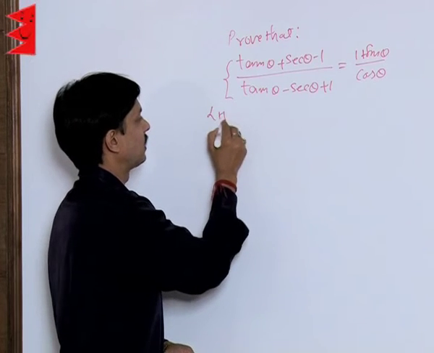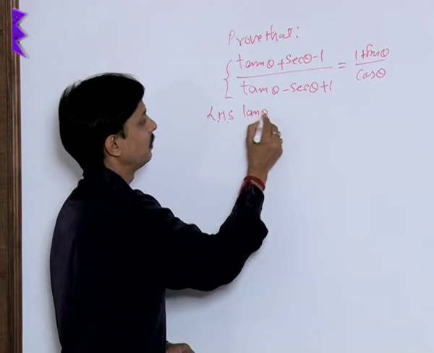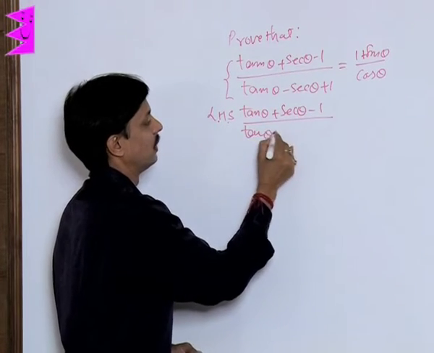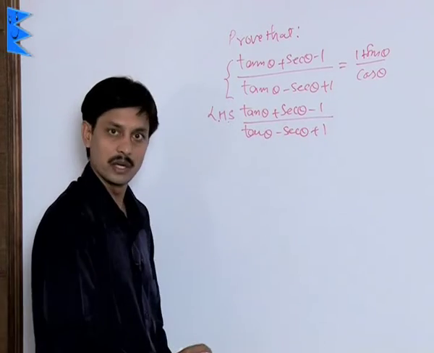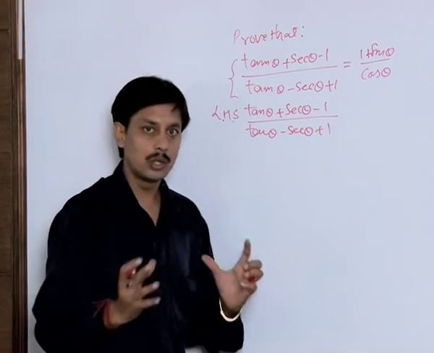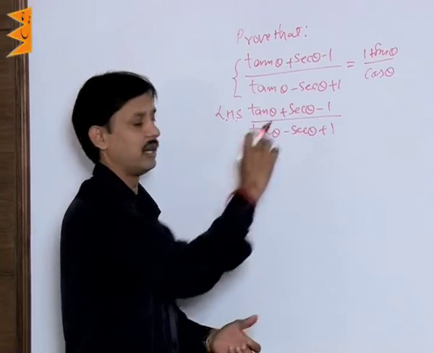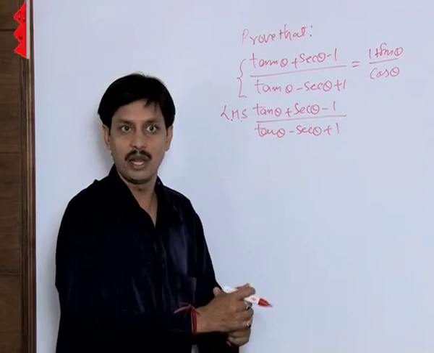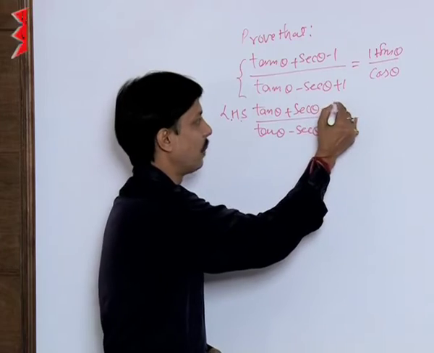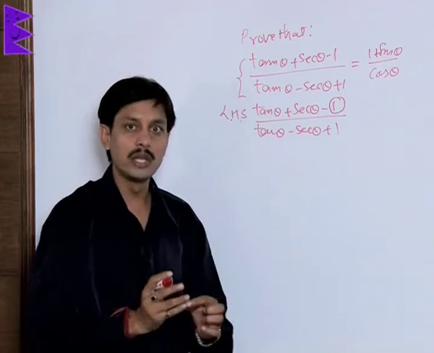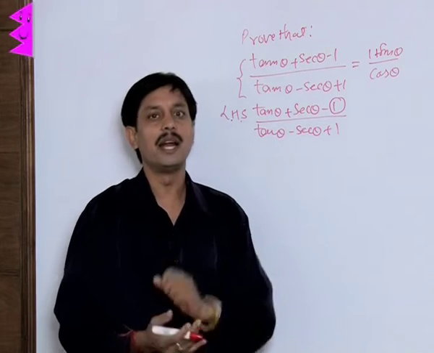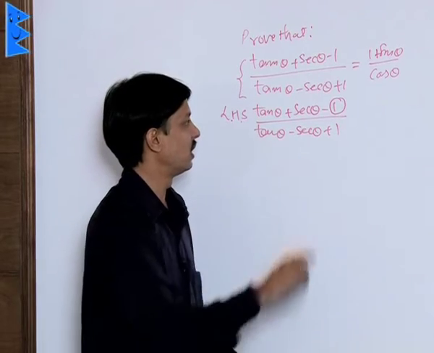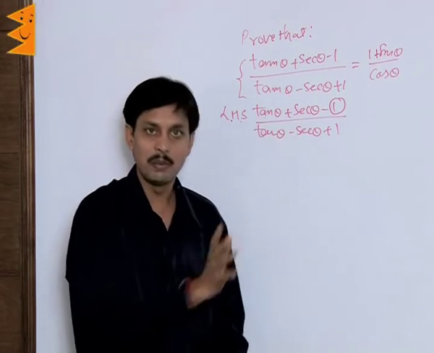We have the left hand side as tan theta plus sec theta minus 1 upon tan theta minus sec theta plus 1. There are 2 or 3 ways to solve this identity, to prove this identity. But the easiest and most convenient way I am discussing is that in place of this 1, we know that in the basic trigonometric identities, the first one can be written as sin square theta plus cos square theta, but I do not think it will be applicable here.